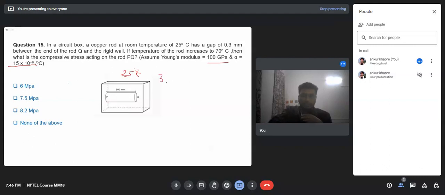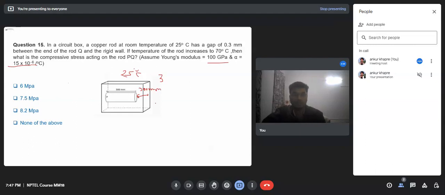At that time the gap between these two was around 0.3 mm.